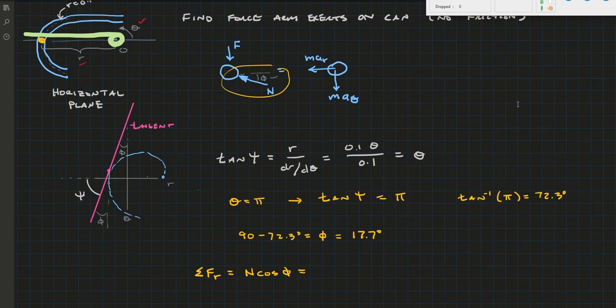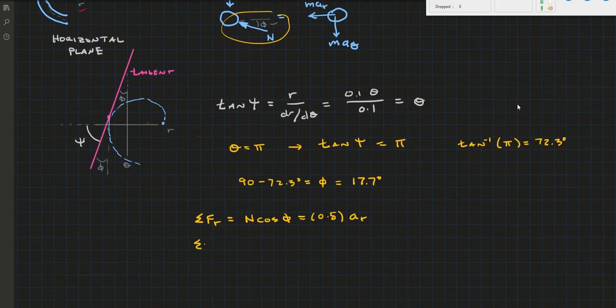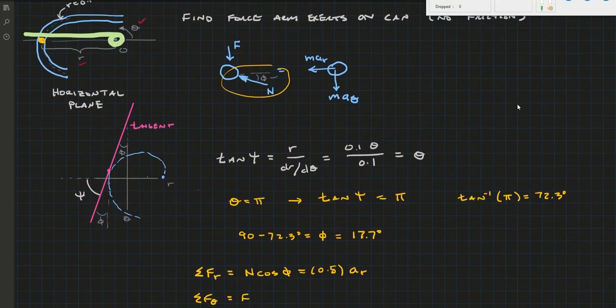But again, summing forces in the r direction, we get our mass, which is 0.5, times the acceleration in the r direction. And if we sum forces in our θ direction, we end up with F. And that's actually in the direction of our acceleration here that we're defining as positive.